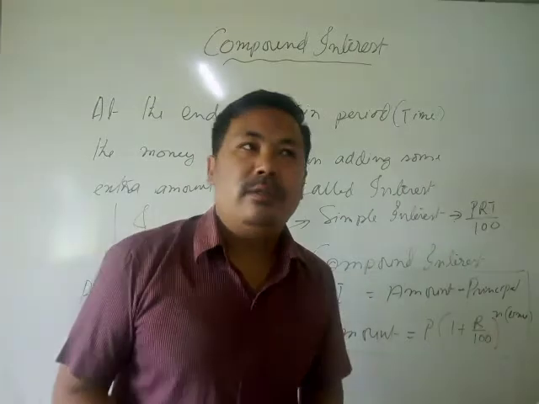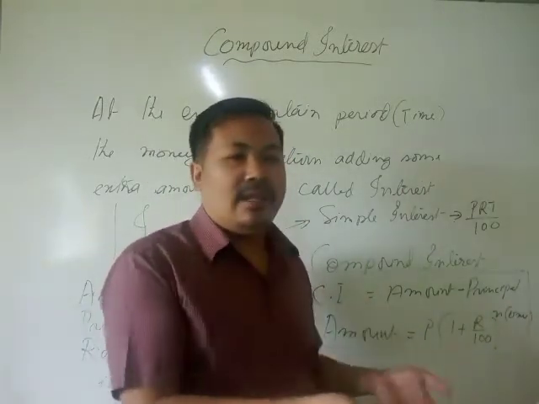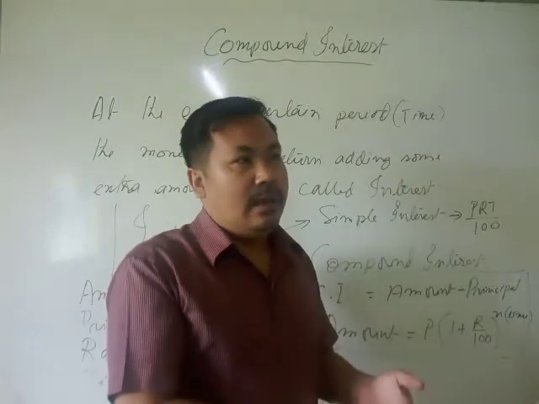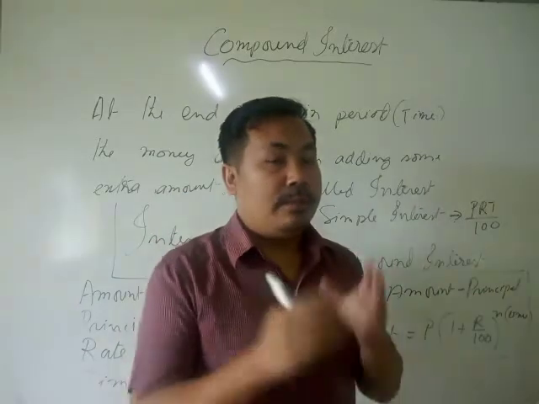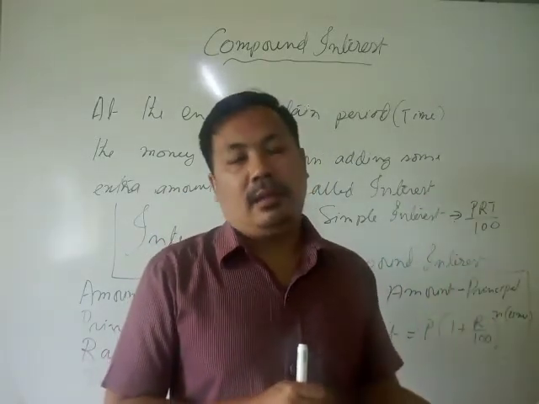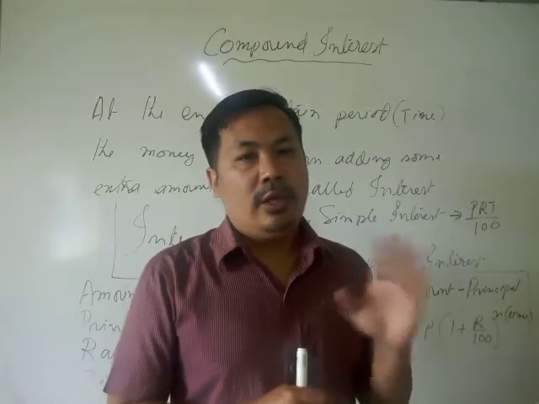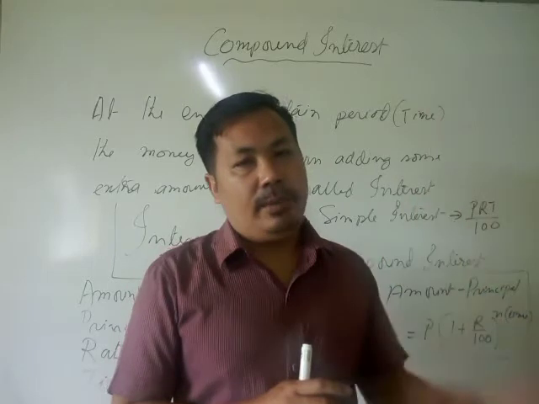Time will be annually, and in compound interest, what happened? Compound interest keeps adding the interest to the principal again and again. You are borrowing 1,000 only, but that principal money will change in the next year. Why? Because your principal becomes more when it completes 1 year.